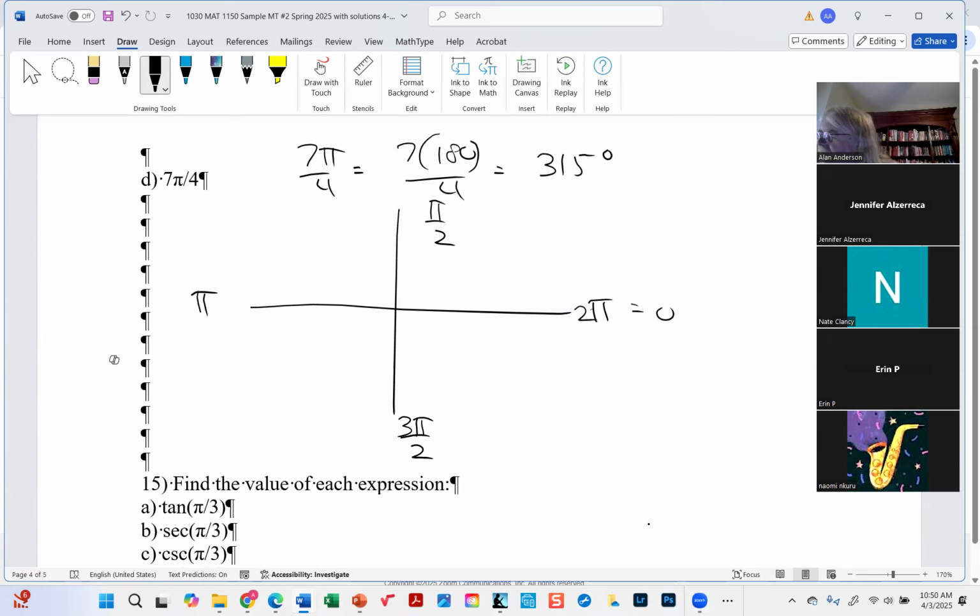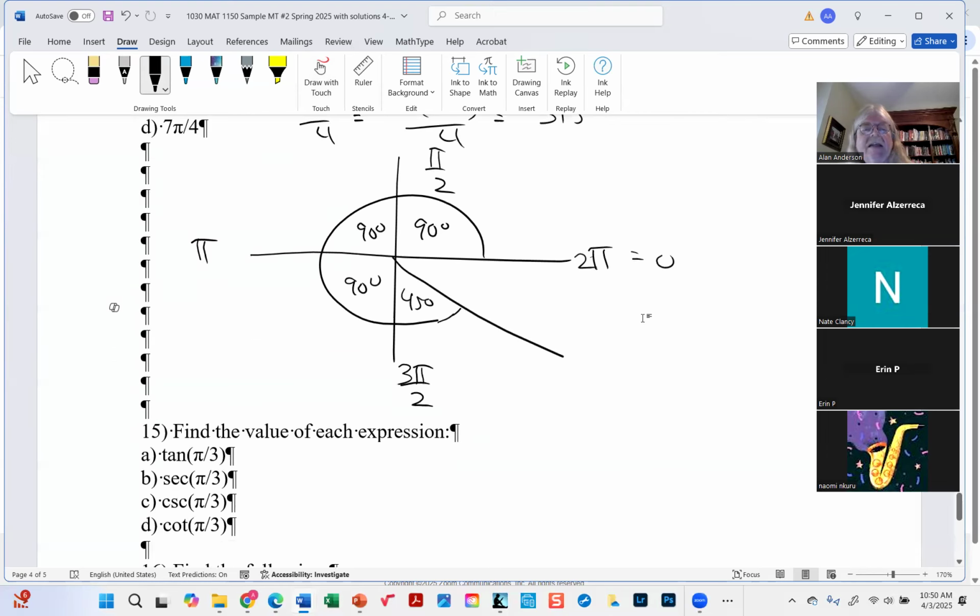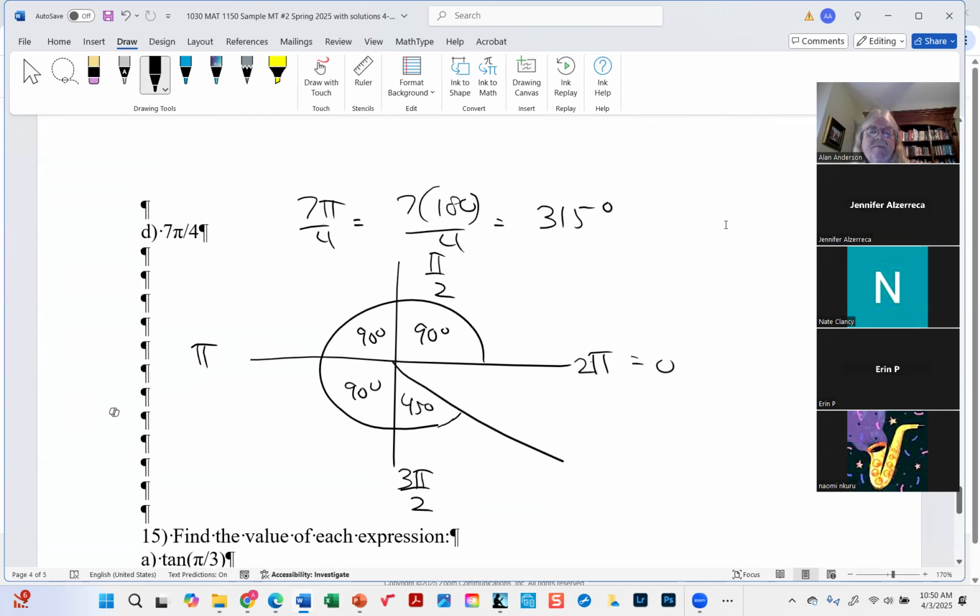So we're looking at, actually, sorry, I didn't draw that very well. Okay, so in terms of degrees, you're going through the first three quadrants and halfway into the fourth. So anyway, that is equivalent to 7 pi over 4, which is exactly halfway between 3/2 pi and 2 pi.